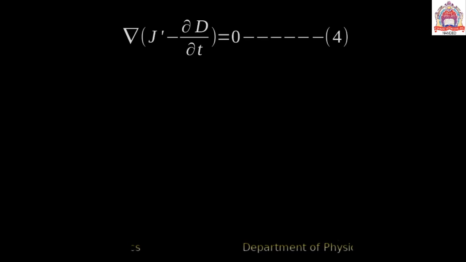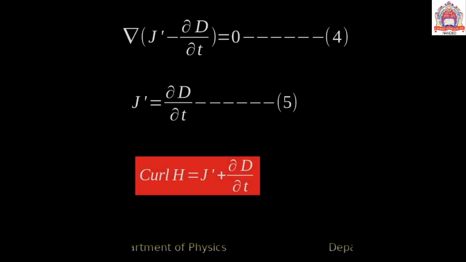Now this equation is true for any arbitrary value, so we can put J dash is equal to dou D by dou t, and taking the modified form, curl H is equal to J plus dou D by dou t.